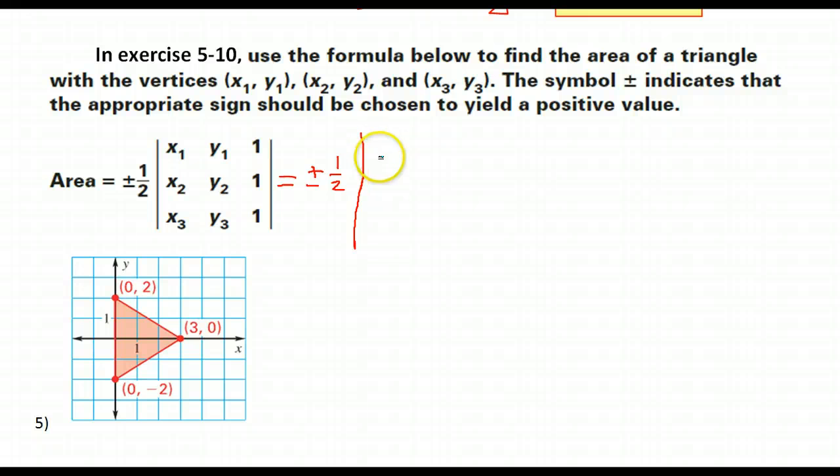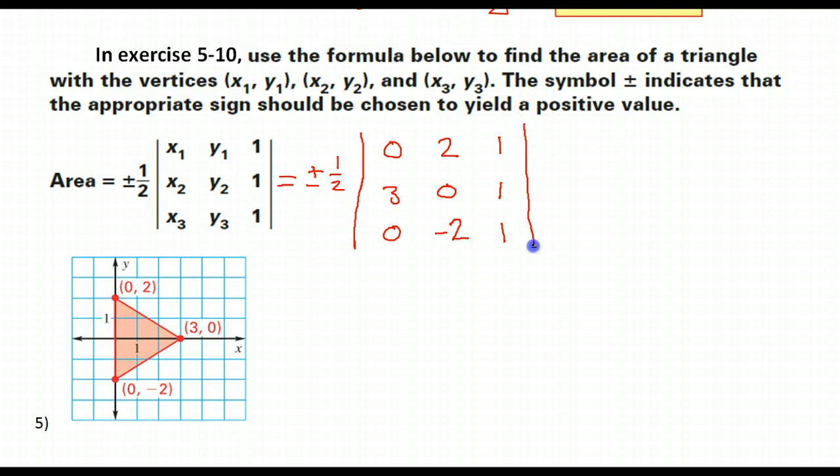So we have our 0, 2, and we have our 3, 0, and we have our 0, -2. Each point is shown here, and that makes the first two columns. And the third column is all ones. So 1, 1, 1.